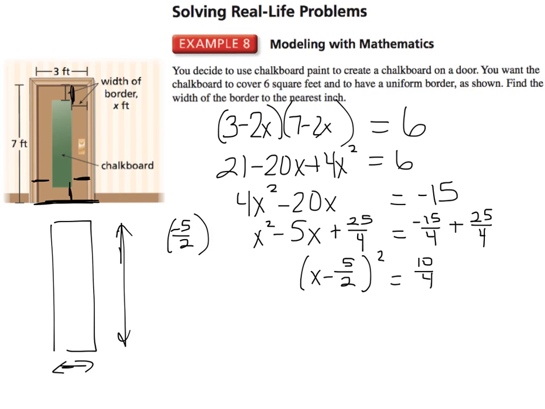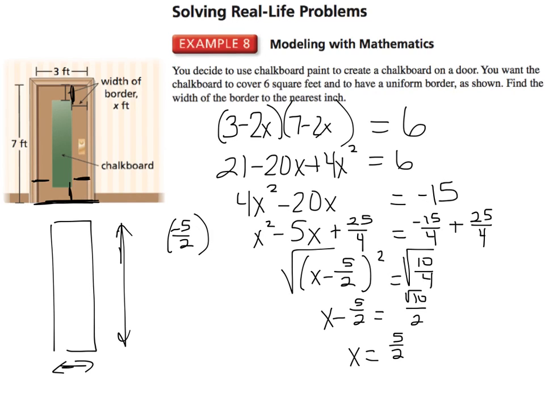So now I take the square root of both sides. This is not going to be fun. I get x minus 5 halves equals plus or minus the square root of 10 over 2. I now have to add 5 halves on both sides.